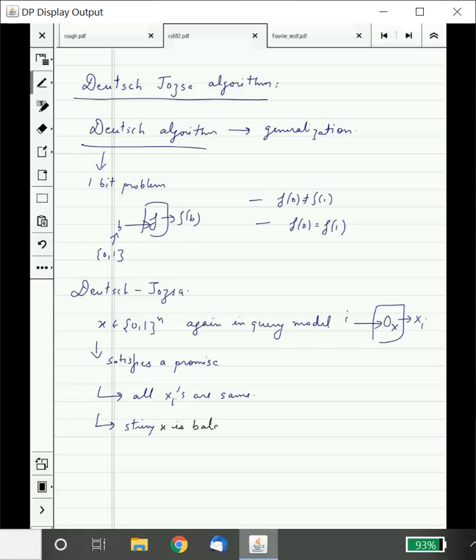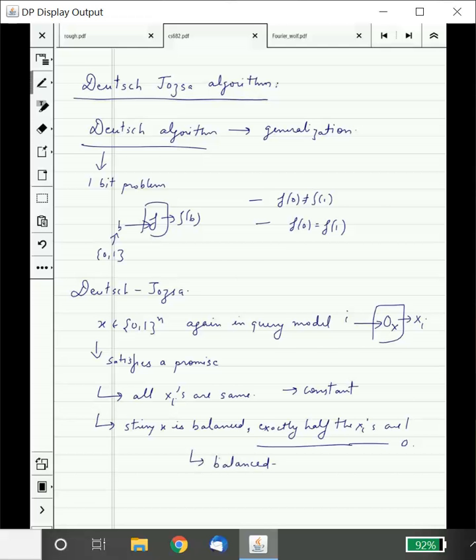What does it mean? It means that exactly half the x_i's are 1. And this will also mean exactly half the x_i's are 0. This is the constant case. That means everything is the same. This is the balanced case.